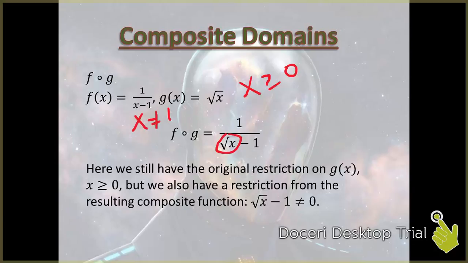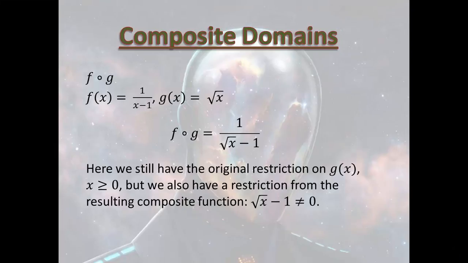And furthermore, the square root of x minus 1 cannot equal 0. So if you set this up, you end up with square root of x does not equal 1, which means x cannot equal 1 squared, which is 1. This is an example where the restrictions that we had in the beginning are still there in the end. So our domain is all reals greater than or equal to 0, but x cannot equal 1.